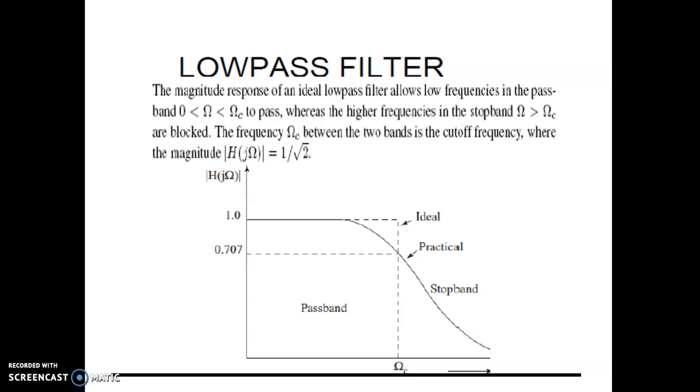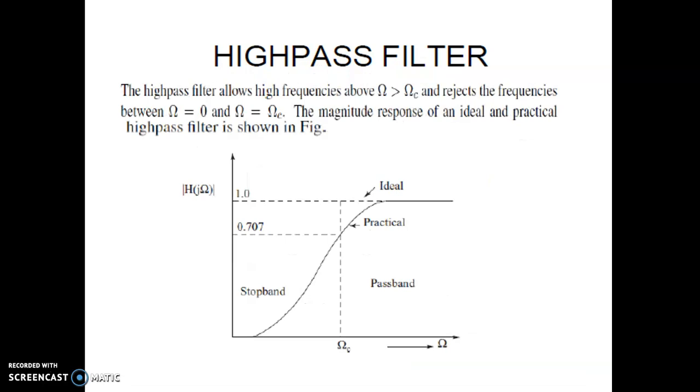But supposing you want to look at an ideal filter, this is shown by a dotted line, and the place where the magnitude goes from 1 to 0.707 of the max value is called the cutoff frequency. So you are able to see the pass band and the stop band of the filter.